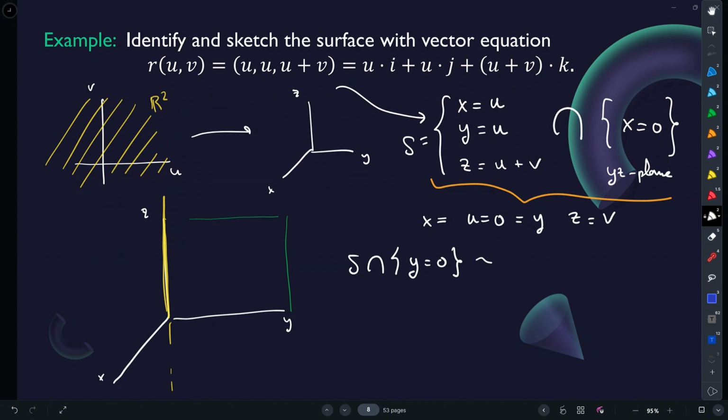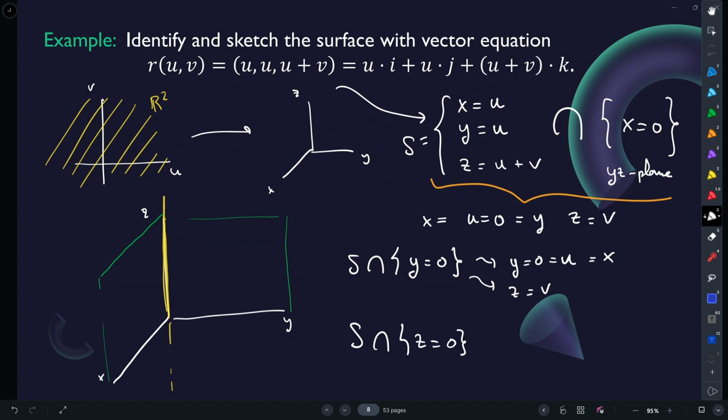Then the same thing happens, because that tells me that y is 0, so u is 0, and that tells me that x is also 0, and z can be anything I want. So with this plane, when y is 0, I also get one line of intersection.